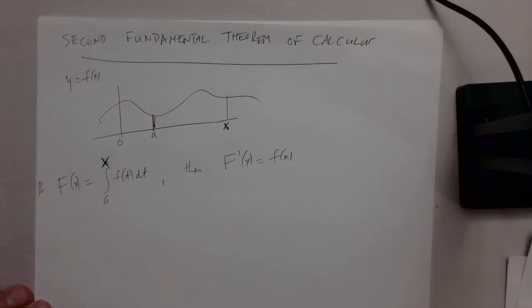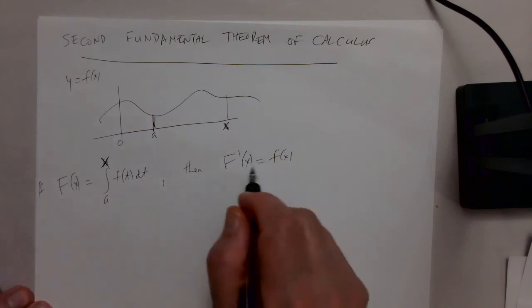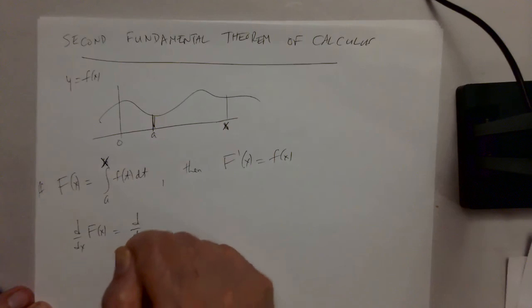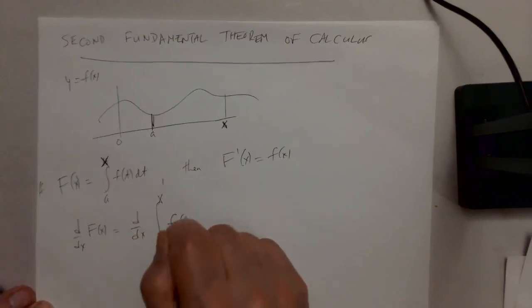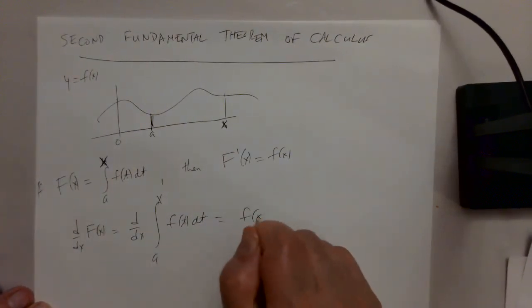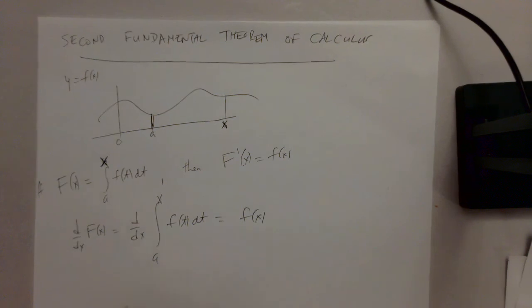An equivalent way of saying this is the derivative with respect to x of the integral from a to x, f of t dt, is equal to f of x.